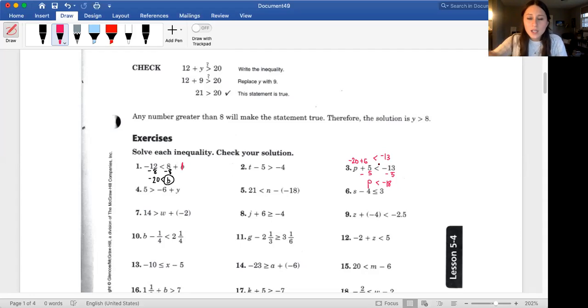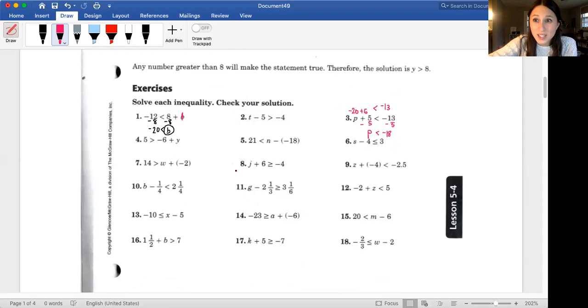Now let's take a look at if we have two signs, okay? If we see this says n minus negative 18. Now, remember we've talked about how we want to condense this to just be one sign, one operation, rather than two signs. So if we apply the two-stroke method like we've learned before, we can add the opposite when we're subtracting a negative.